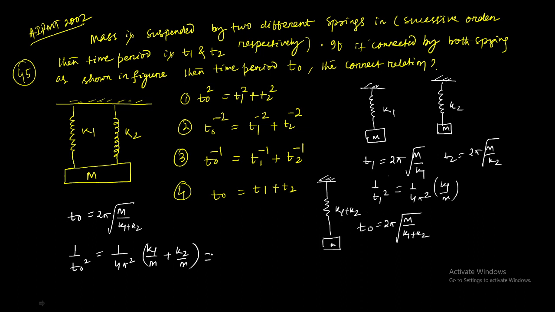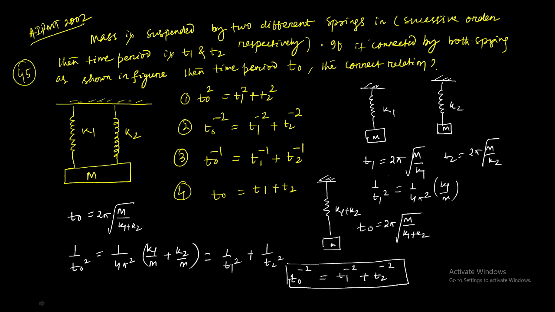So 1 by 4 pi square K1 by m equals 1 by T1 square. Similarly, it can be written as 1 by T2 square. So I can write T naught to the power minus 2 equals T1 to the power minus 2 plus T2 to the power minus 2. This should be your answer.